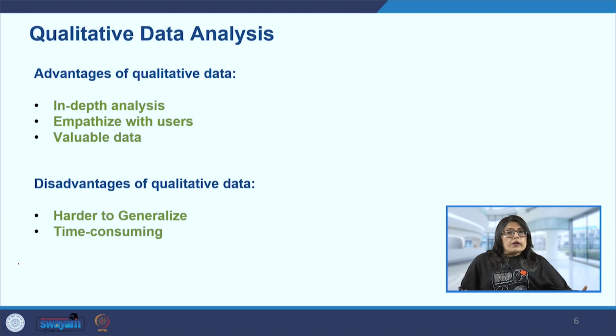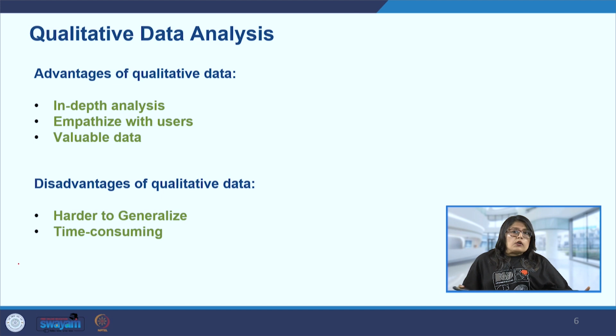In qualitative they can expand on their experience, take us through it, or show us their good or bad experience with a certain product, for example. It is also valuable data, because it tells us what they are seeing, feeling and thinking. All of that is very important for the design team to formulate further and come up with the insights.